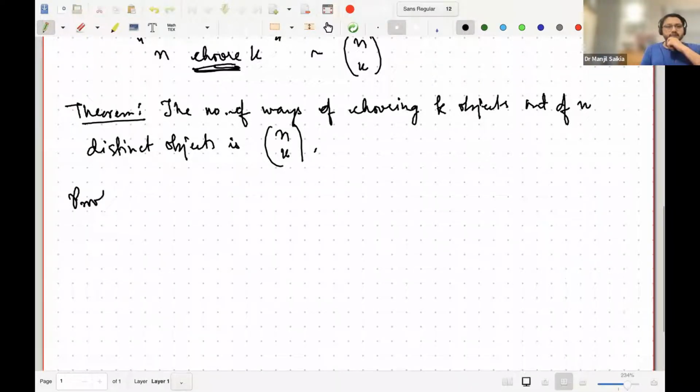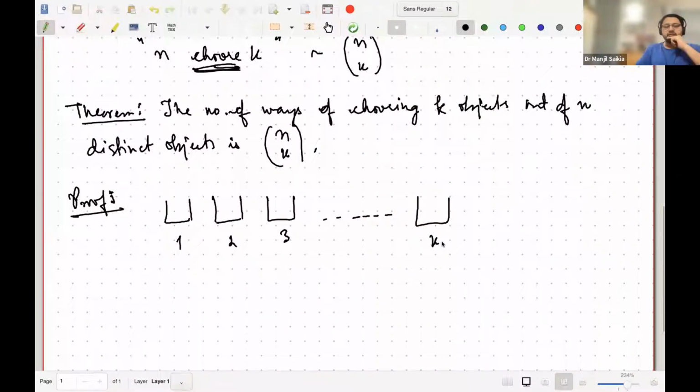I'm sure that most of you already know the proof, or you can get the proof if you think about it. What we have to do is we have, say, k different boxes. This is the first box, this is the second box, third box, and so on, up to k boxes, and we have n different objects.